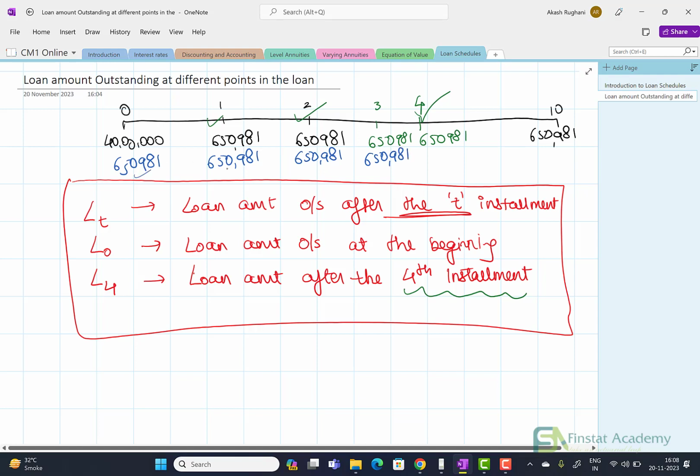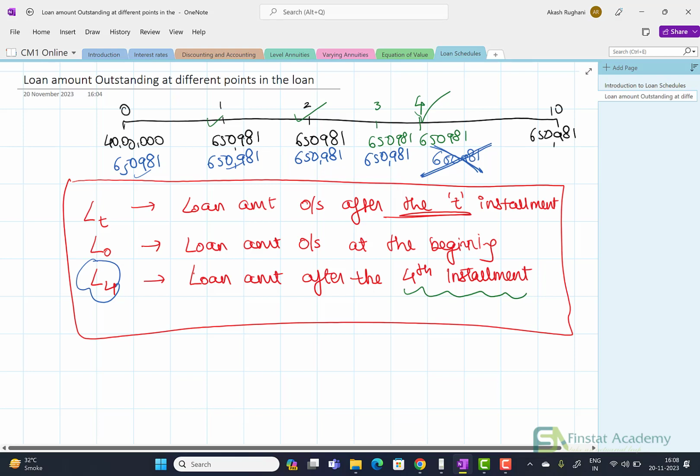So these 4 installments are done. Will I include the 5th installment which will come at time 4? No. Even if I'm looking at advance, this installment at time 4 will not be included, because I'm writing L4. L4 is the value of the loan after the 4th installment. If it is in advance, it takes into account installment number 0, 1, 2 and 3.